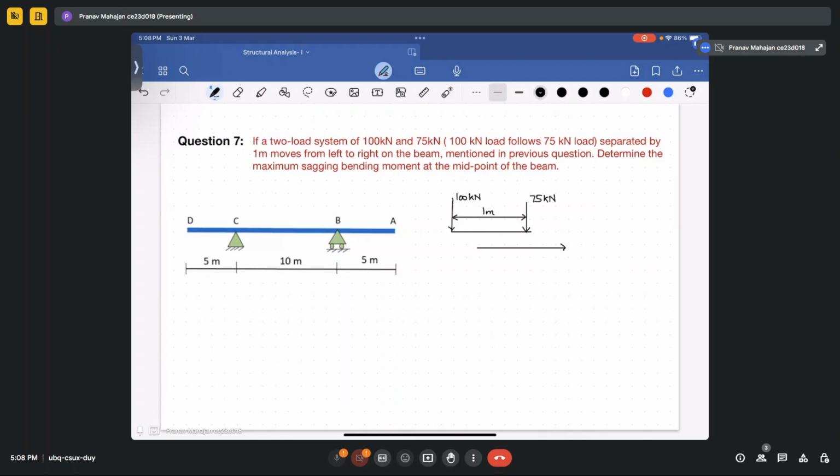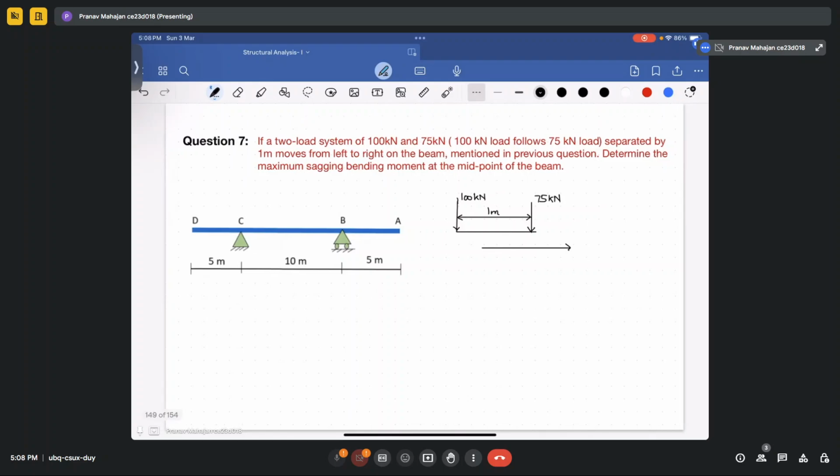Now you have to determine the maximum bending moment at the midpoint of the beam. Okay, so again, you have to draw the ILD for the beam, and the ILD for the bending moment at the midspan will look the same as what we have already made.